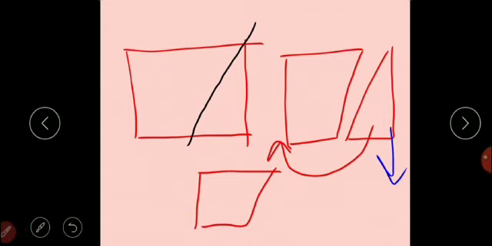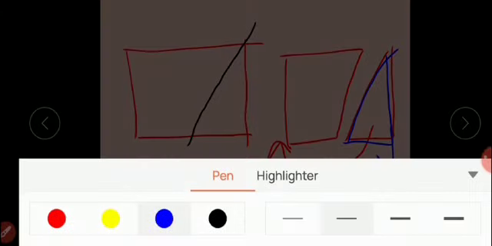So let's take this triangle and put it in front of this like this. So if you see here now, we have got a new shape.